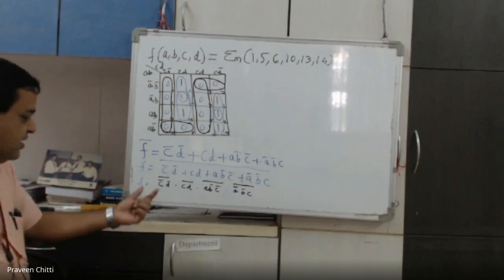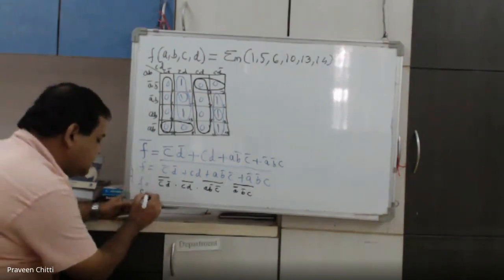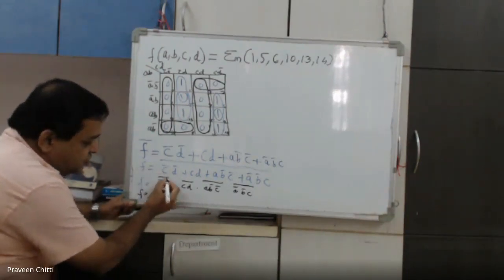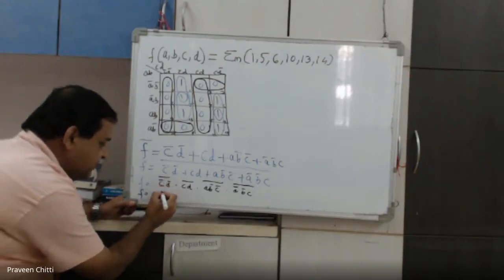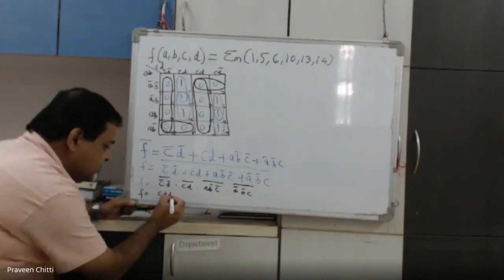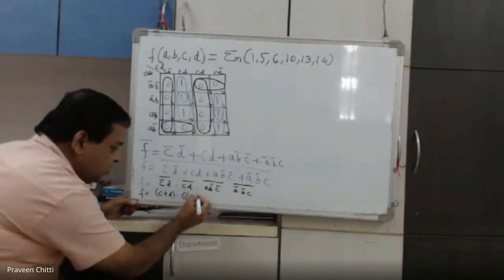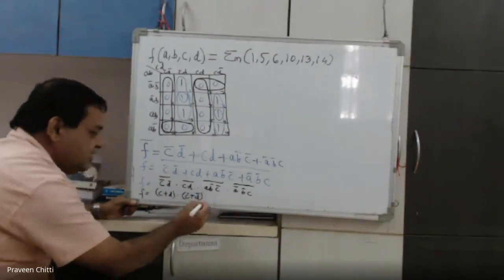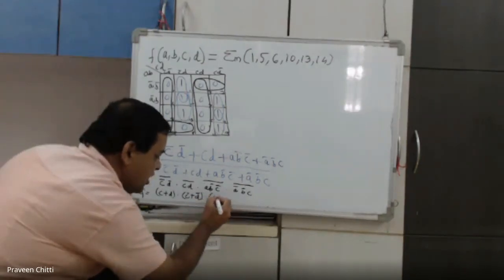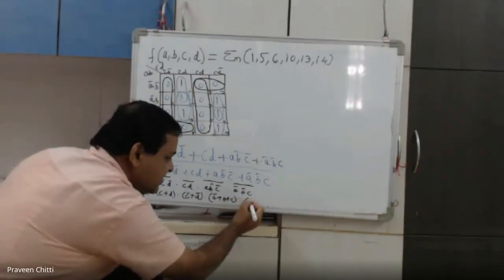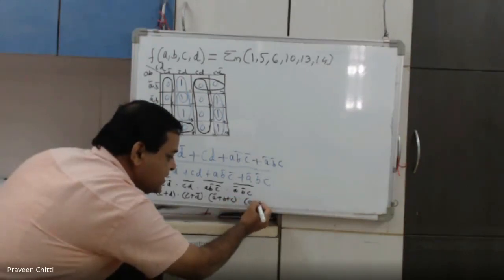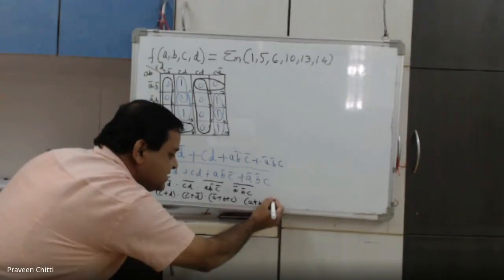Is that clear? And then finally, again you have to use De Morgan's theorem here. C double bar plus D double bar is nothing but C plus D. Here C bar plus D bar. Here A bar plus B plus C. Here A plus B plus C bar.